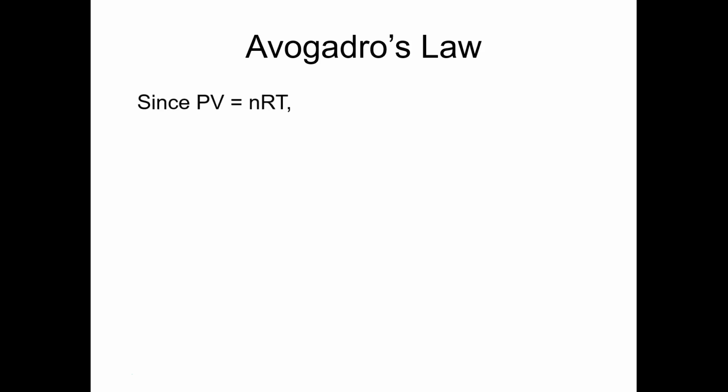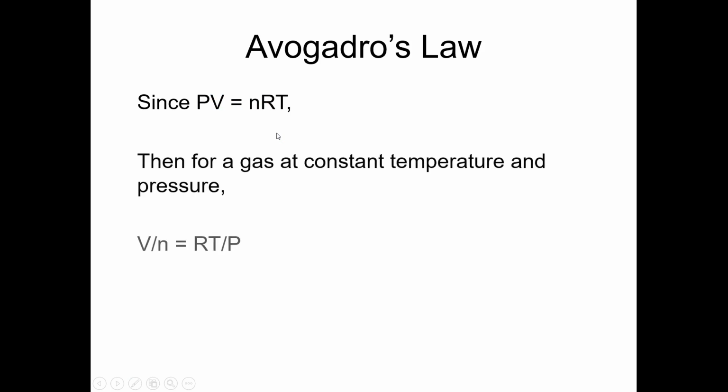Okay, so let's just see how this falls out of the ideal gas equation. Since PV is equal to nRT, I'm now looking at the relationship between volume and the number of moles. So to get them both on the same side, I'm going to divide both sides by moles. I'm going to divide both sides by pressure.